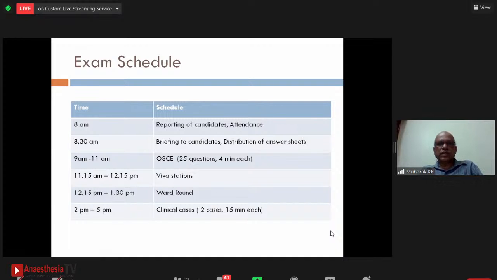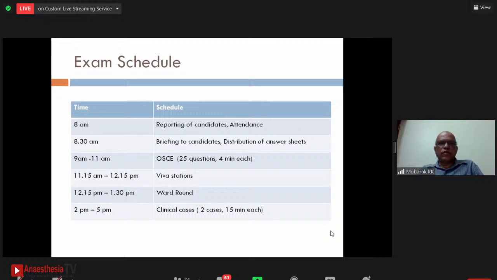After distributing the answer sheets, come the OSCE sessions. Previously the OSCE session time was 5 minutes and it was of 6 marks. Now the duration has been reduced to 4 minutes, but the questions remain the same, and the marks have been reduced from 8 marks to 6 marks. So in 2 hours, the 25 OSCEs will be over by 11 o'clock.